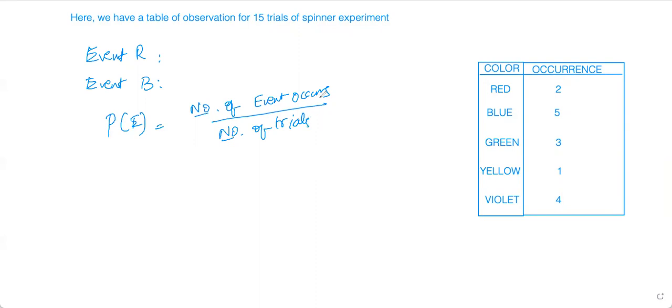So P of R will be 2 by 15, and P of B will be 5 by 15, or we can write this as 1 by 3.